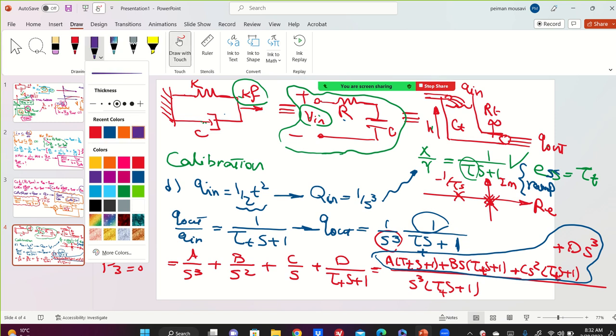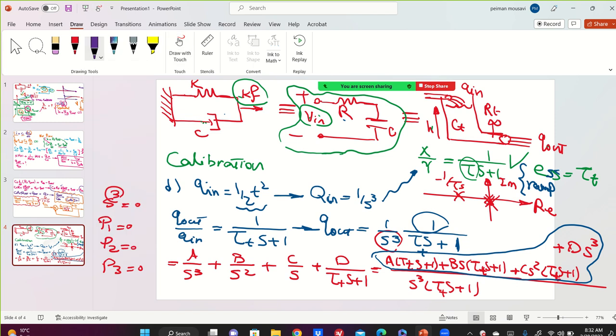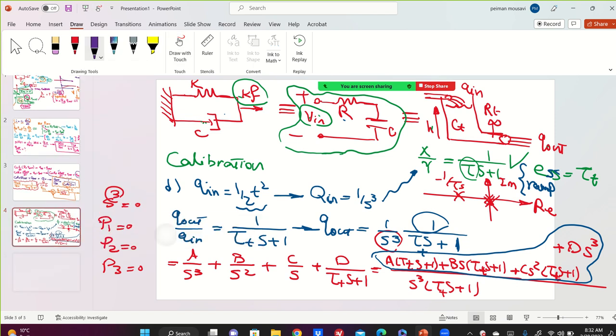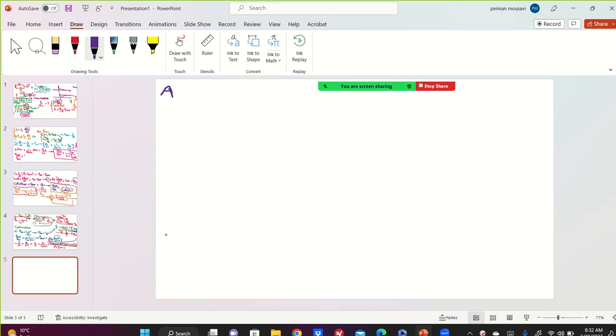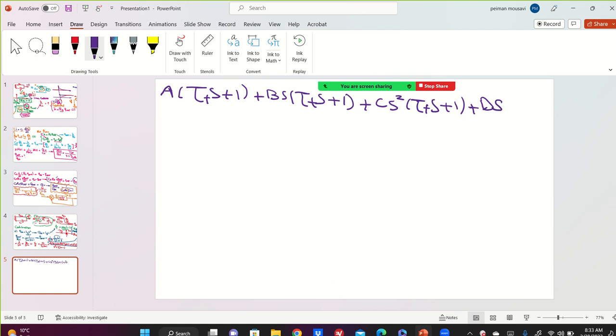Being said, I'm writing here A tau T S plus 1 plus B S tau T S plus 1 plus C S squared tau T S plus 1 plus D S cubed is 1. Now I'm sorting based on the orders.